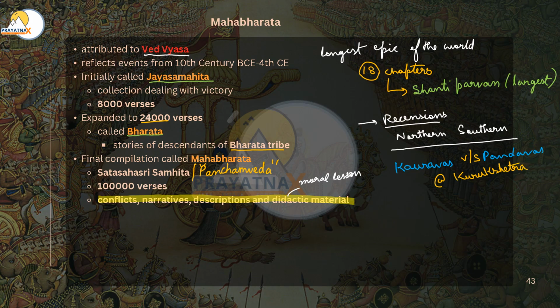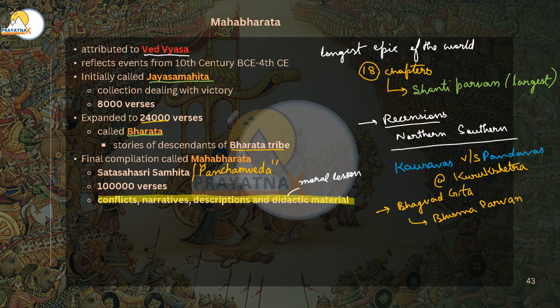Now, you see that Bhagavad Gita is extracted from the Bhishma Parvan, which is one of the chapters from Mahabharata.